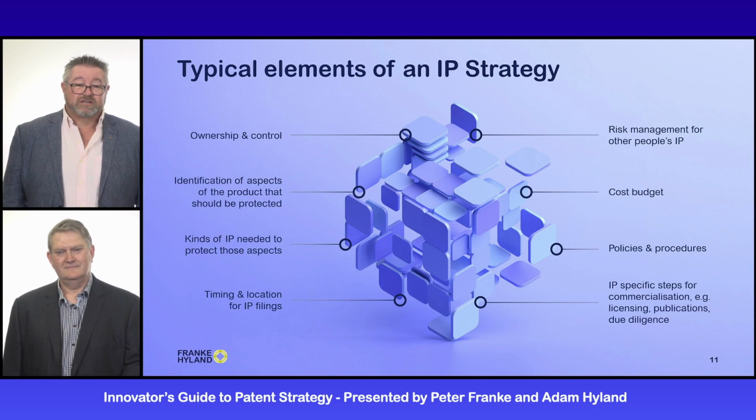We don't always have the luxury of having an enormous amount of time to get these things going before the product either has to hit the market or before the product has to be disclosed for some other reason, such as regulatory approval. We need to have a risk management strategy in place around other people's IP, because it's all very well to get your own IP protected, but it's not very good if you're running into a roadblock of someone else's IP.